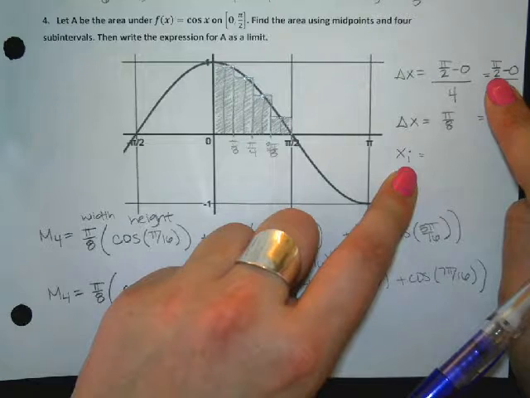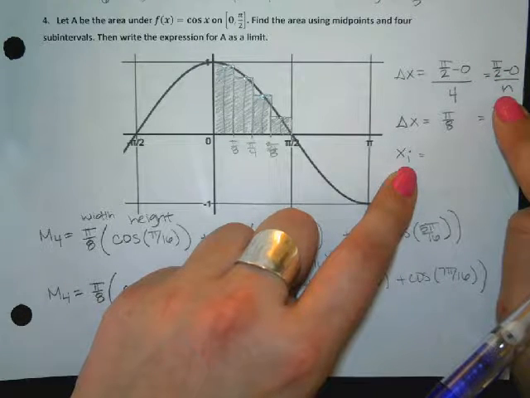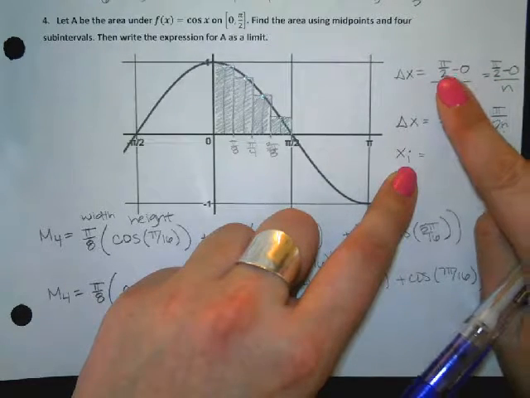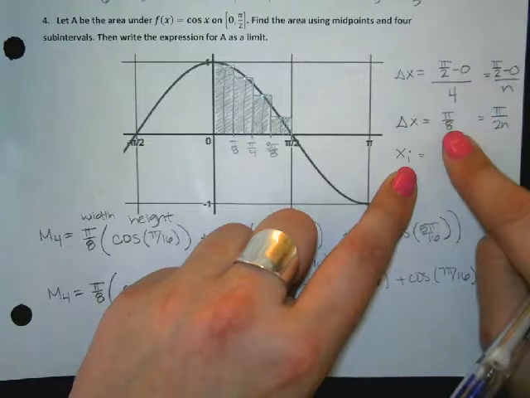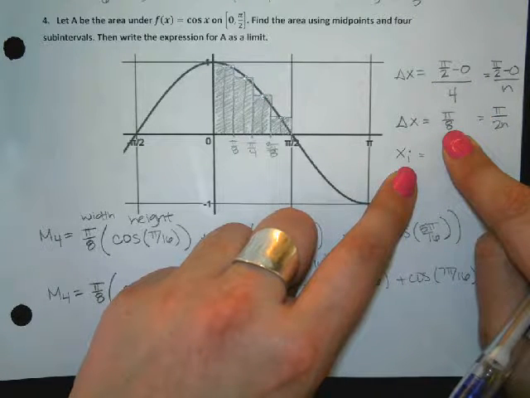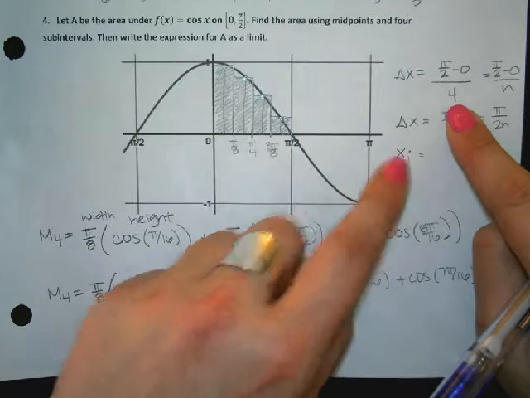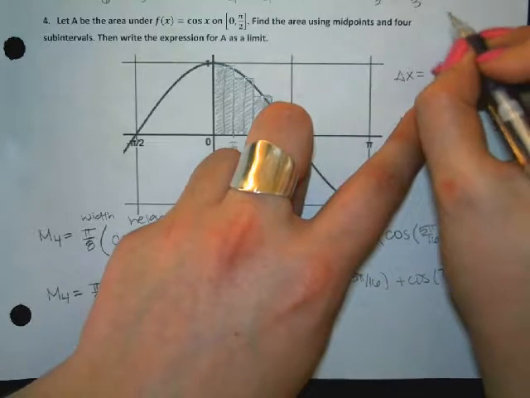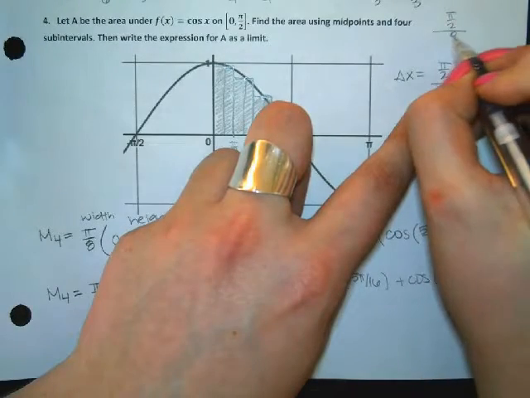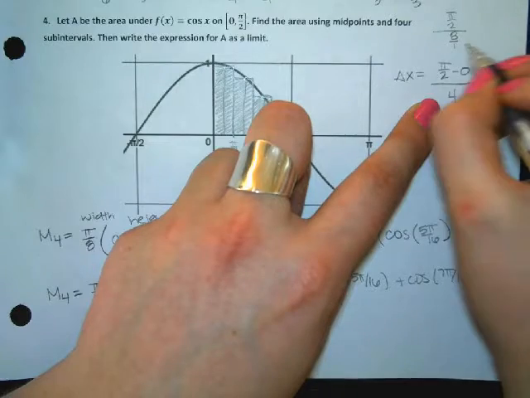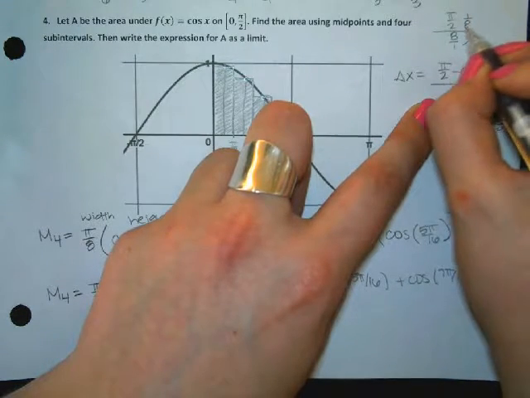And if you divide by 2 and then also divide by n, like here when we divide by 2 and we also divide by 4, that's like dividing by 8. If you want to think of that as a 4 over 1, you can keep it, change it, flip it. So we could say pi over 2 divided by 4 over 1. And then you can flip that up, that's 1/4.